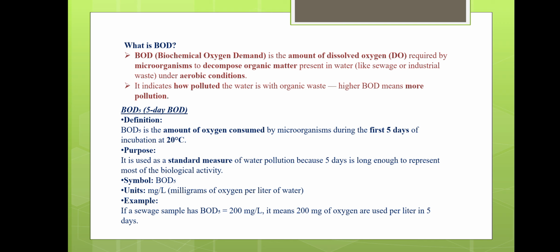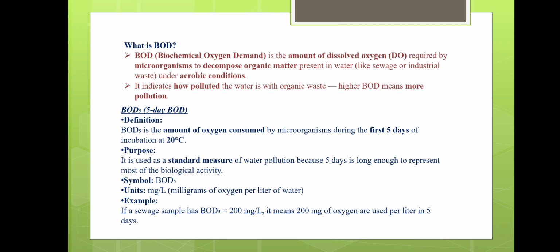First I will explain the purpose of BOD5. It is used as a standard measure of water pollution because 5 days is long enough to represent most of the biological activity. It is commonly expressed in BOD5 units, milligram per liter. Example: if I say that a sewage sample has a BOD5 equal to 200 milligram per liter, what does it mean?